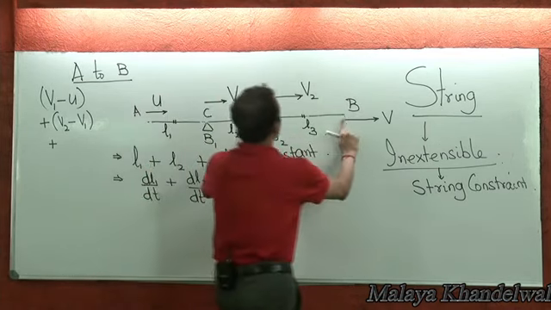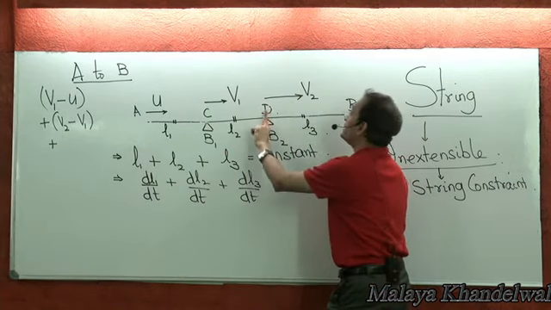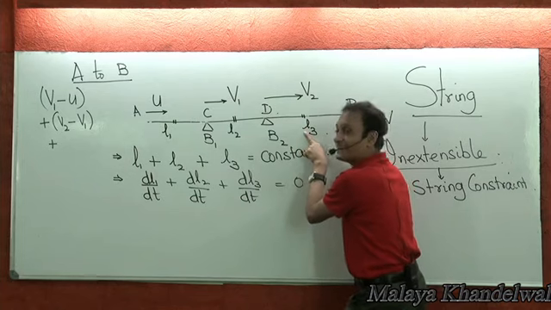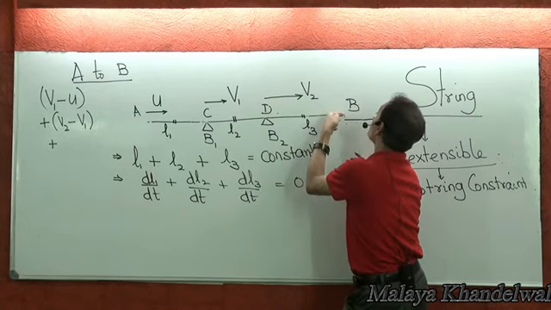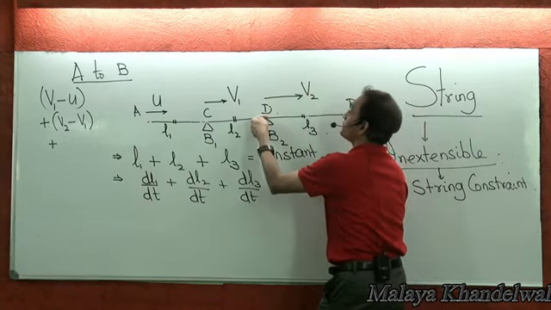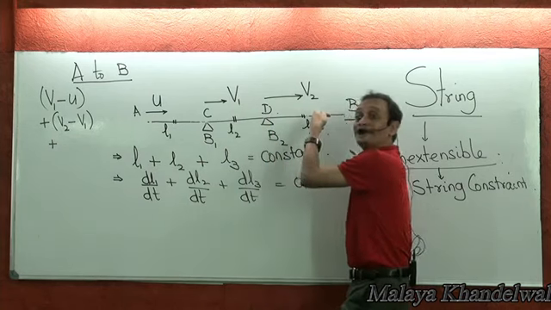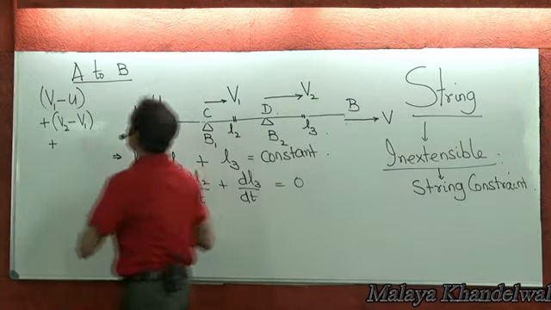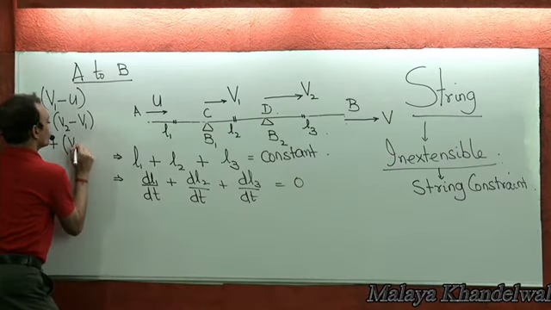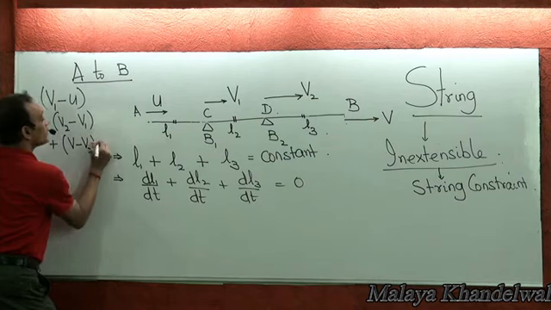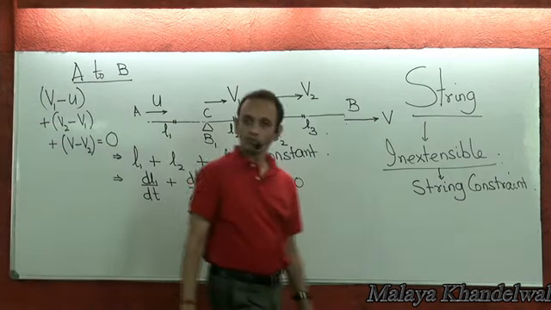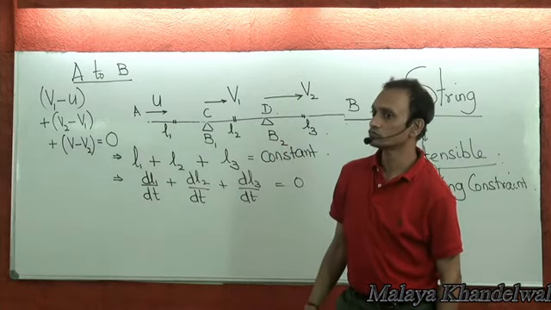In the third segment, I go from D to B. D is the initial point, B is the final point. So dl3 dt is going to be velocity of the final point in the direction of traversal minus velocity of the initial point in the direction of traversal. So that's going to be V minus V2. So the sum, (V1 minus U) plus (V2 minus V1) plus (V minus V2), is 0. Yes or no?